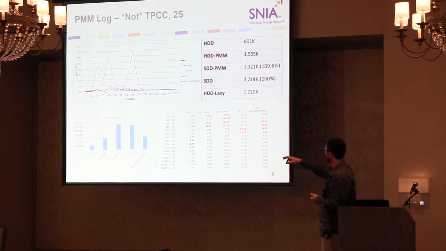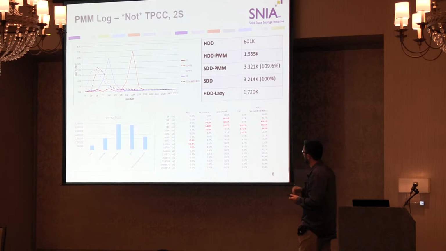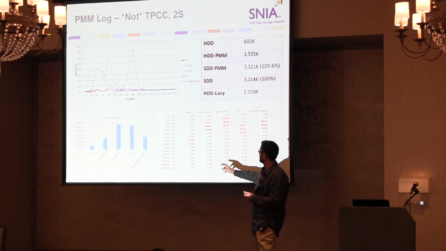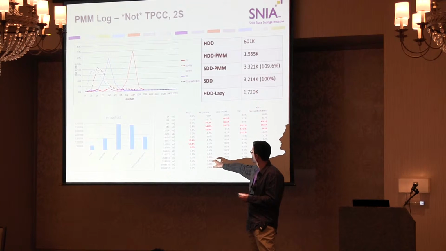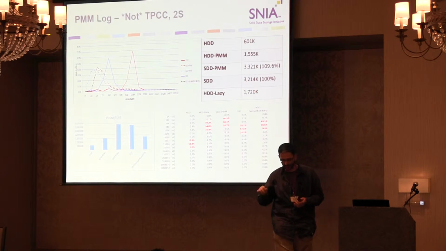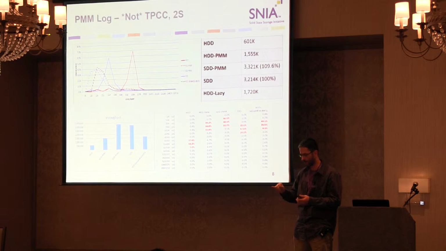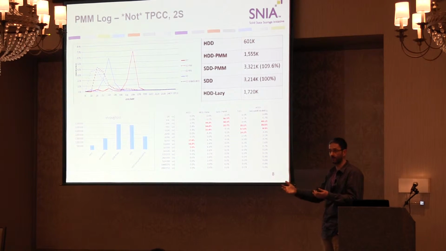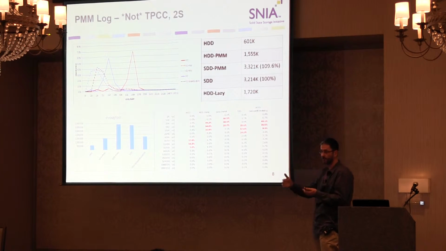And different utilization points. But here's something interesting. Look at these two configurations. This is the cache line log on top of a hard drive. So this is not a new implementation of a log. It's an add-on, right? We're just putting a small amount of cache line addressable persistent main memory on top of the existing log.